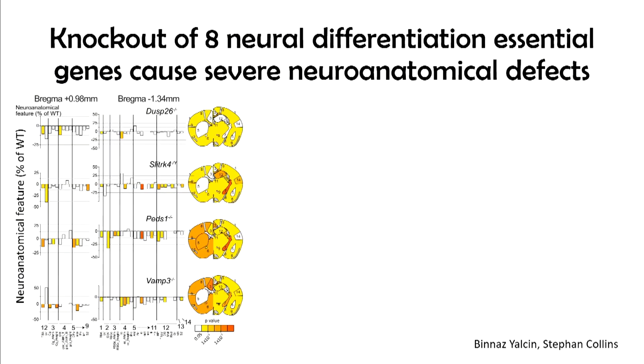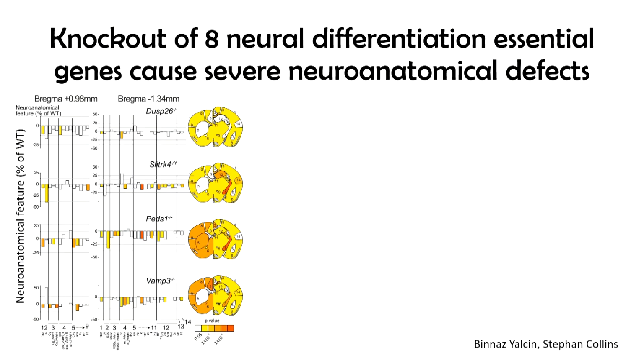This is what you see here. On the y-axis, it's the percentage from the wild type for different neuroanatomical features. The color represents the significance. You can see in general that all those bars go down because there is a reduction in size.